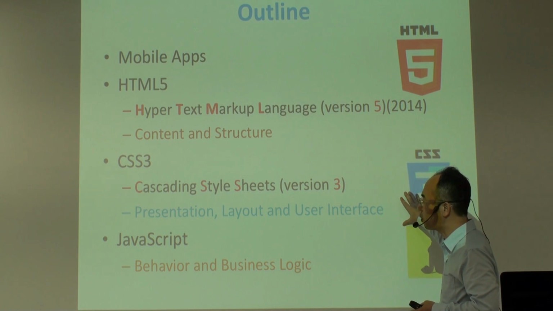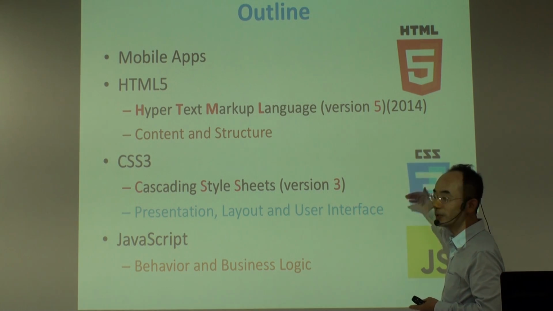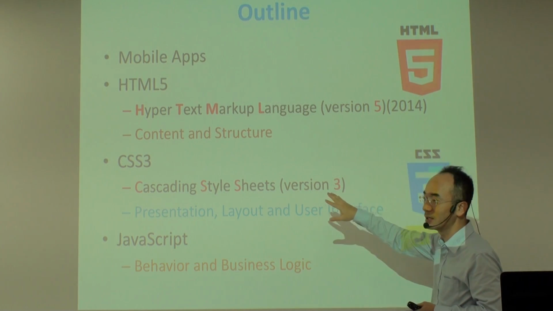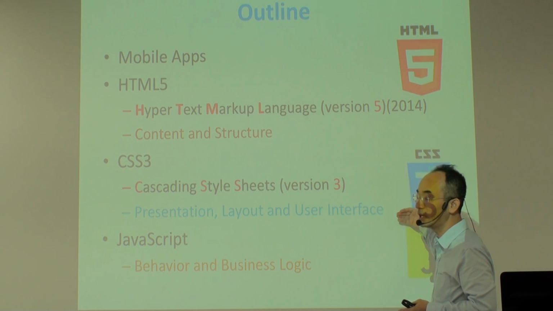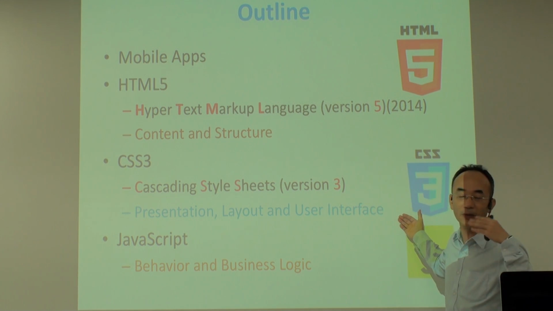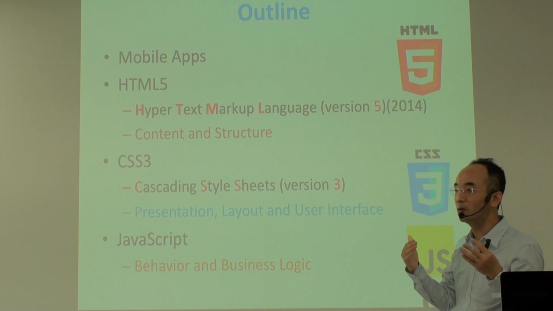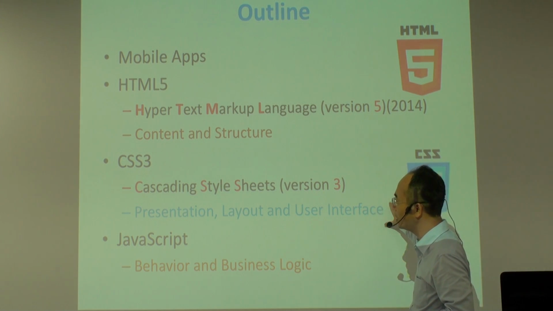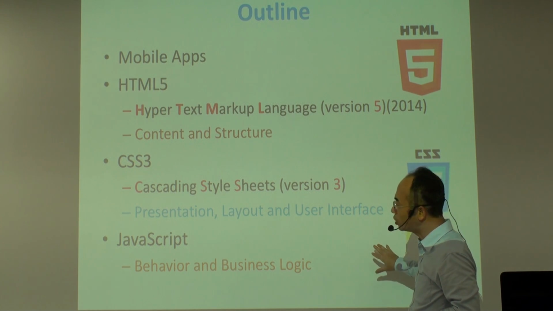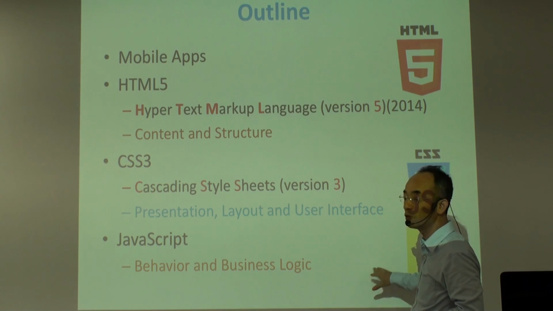So it is very important for user interface design to use Cascading Style Sheets. This covers beautiful icons, beautiful color schemes, and layout. So this is CSS3.